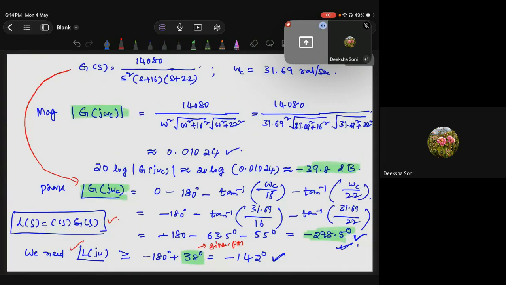Okay. Then for these expressions, we are finding the magnitude of open loop transfer function and phase. Okay. So based upon these, we are finding the compensated system. How much phase it has to satisfy, to meet these two magnitude and phase requirements.